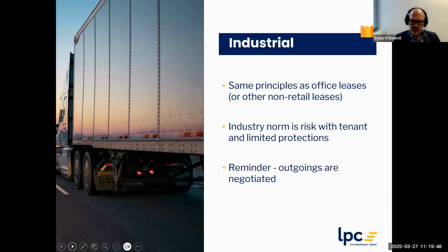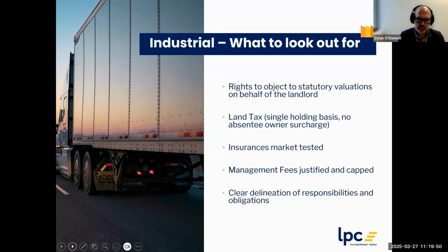On the next slide, looking at the big ticket items, it would typically be worth 80 to 85% of the overall outgoings charges. These are the minimum items we would recommend including in a lease negotiation or considering carefully depending on individual circumstances.